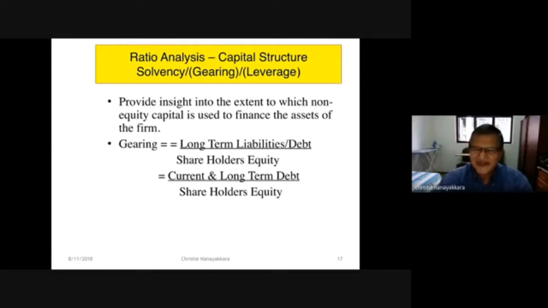But unfortunately, customers are now getting into very large short-term arrangements. So if you take only the long term, we might not get the correct picture of the customer's gearing. So the best thing is to look at long-term gearing, and we must also look at current and long-term gearing.